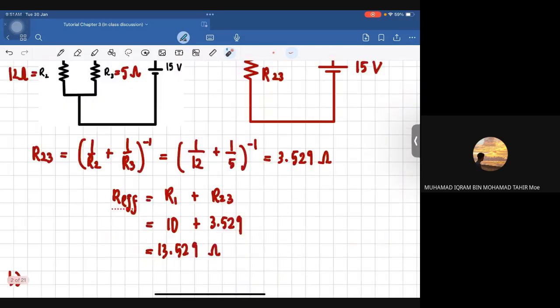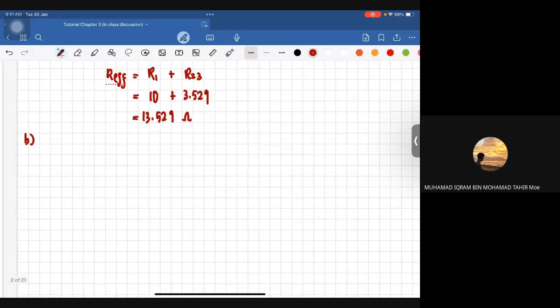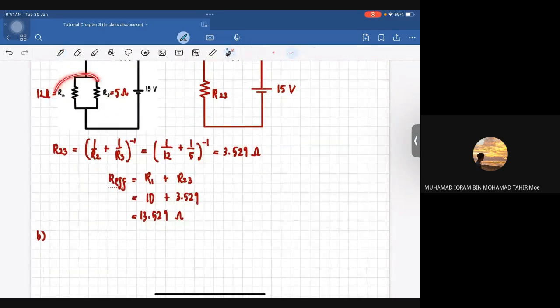So apa yang kita tahu untuk this is connection in parallel. So kalau parallel, karakteristik dia adalah V23 in combination, which is basically this one, akan equal dengan voltage across resistor 2 and across resistor 3.